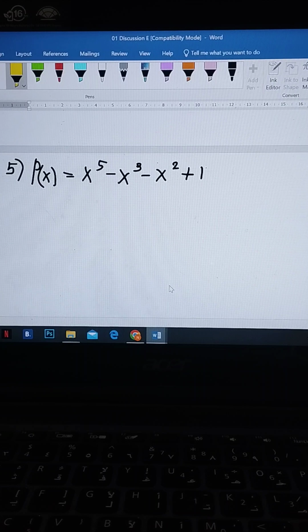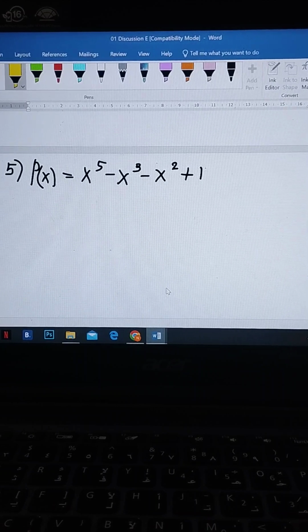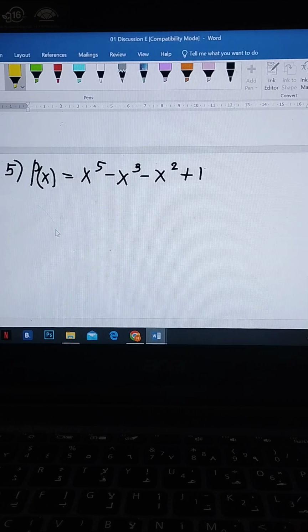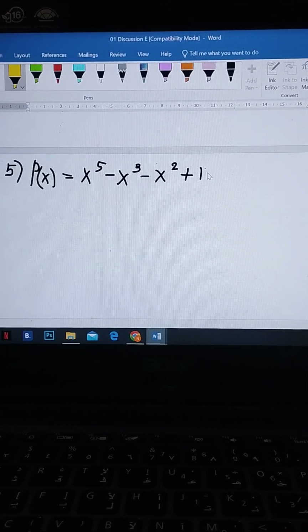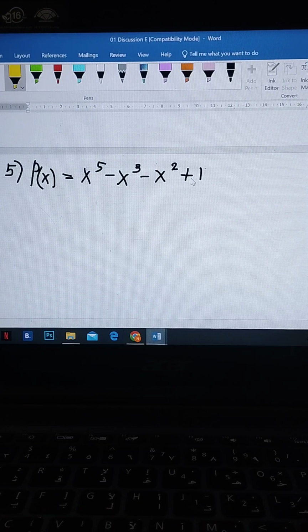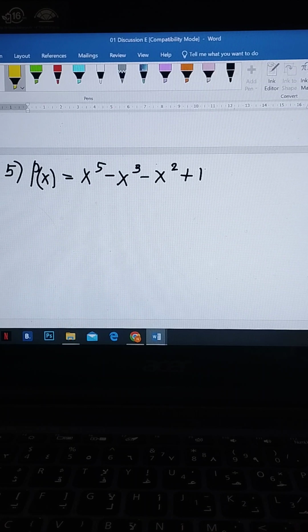Next, number 5. x raised to 5 minus x cubed minus x squared plus 1. Using synthetic division, we can find the factors of this, or use factoring by grouping terms.